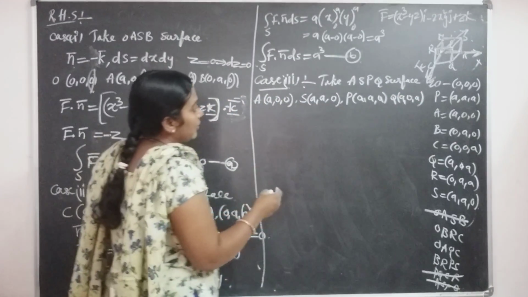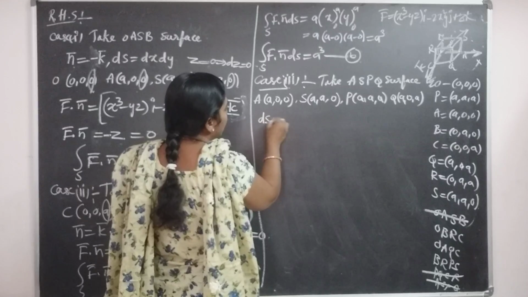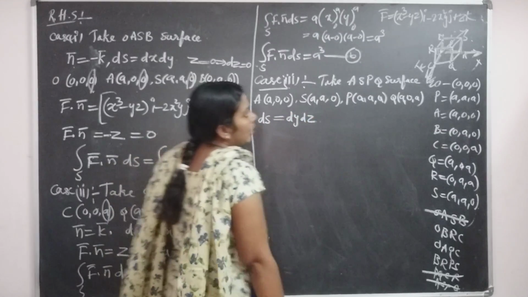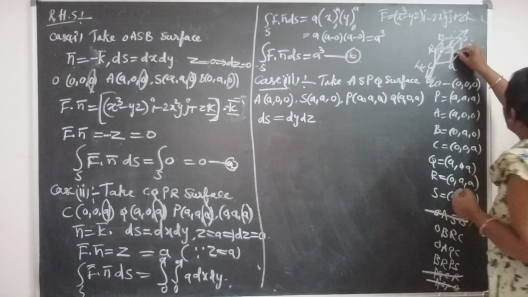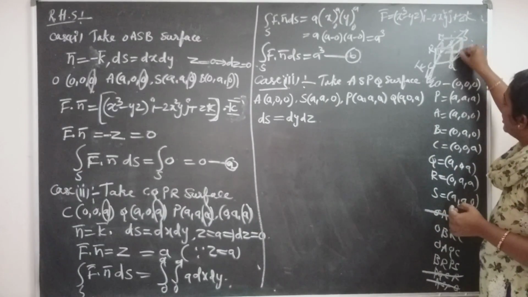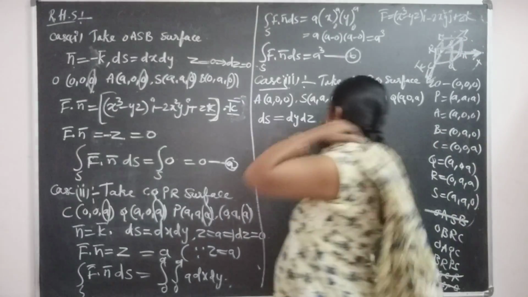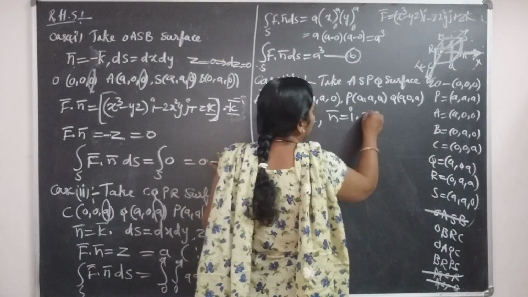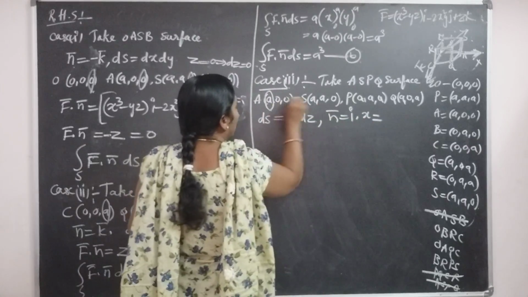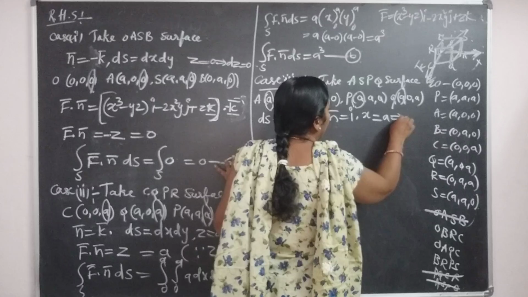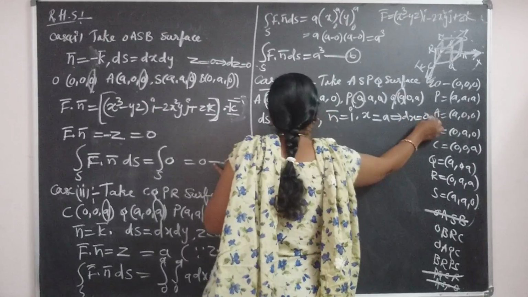It is in the YZ plane, so dS is dy dz. The unit normal vector is along the positive x-axis because this is the right side face. So n vector is equal to i, and x is equal to a in all coordinates, so dx equals 0.